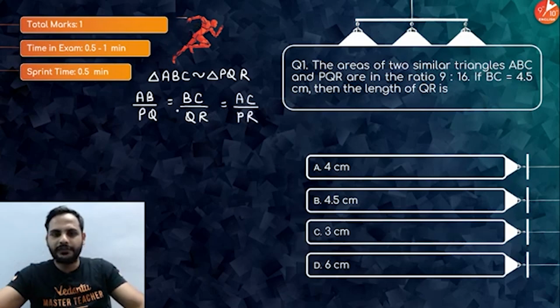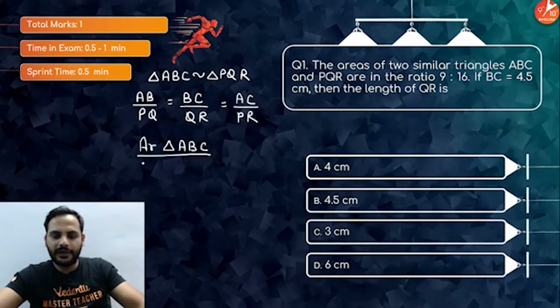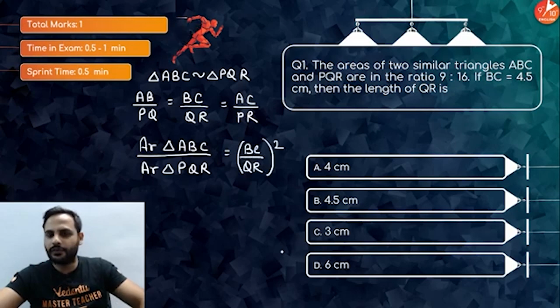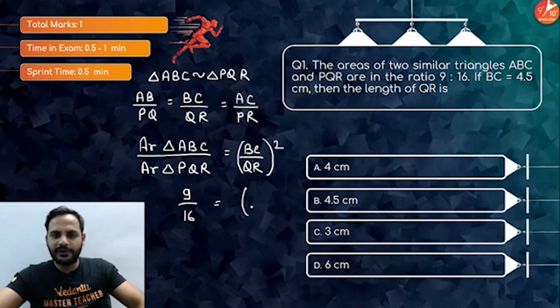Right? So BC and QR are corresponding sides. So I can say area of triangle ABC upon area of triangle PQR will be equal to the square of the ratio of the corresponding sides. So this ratio is nothing but 9 by 16 is equal to BC by QR whole square.